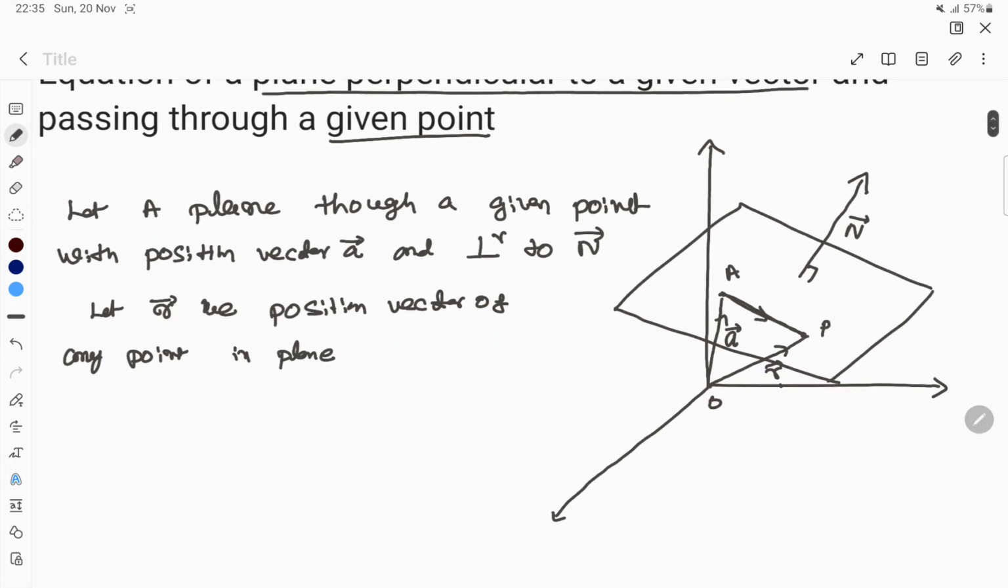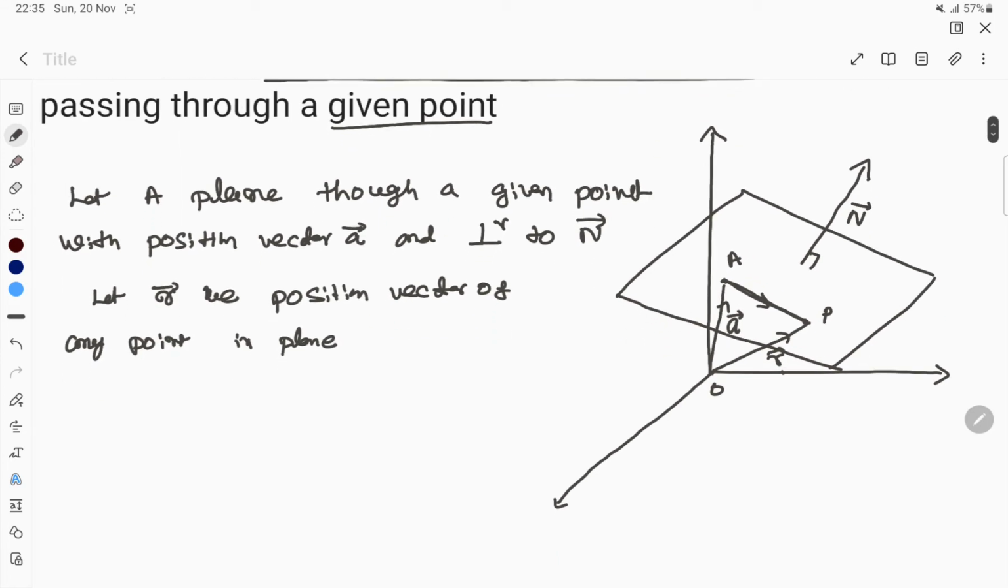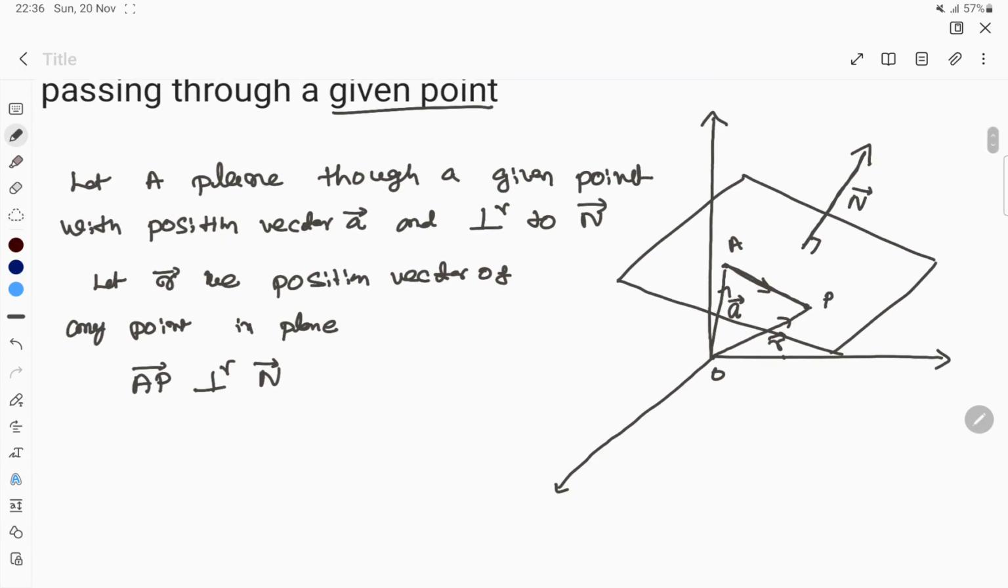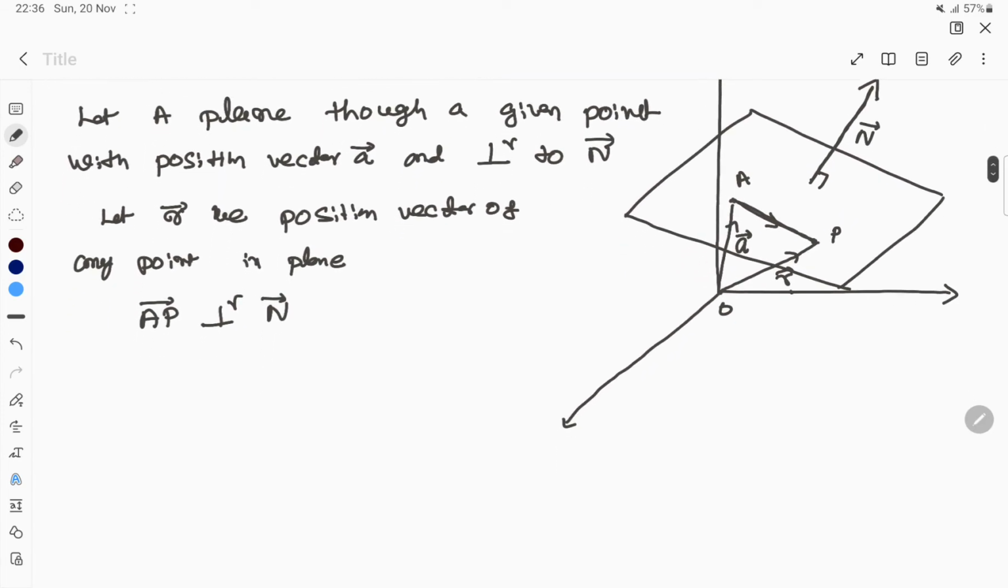Then observe here, I joined A and P. After joining A and P, we got the vector AP. This whole plane is perpendicular to this vector, which means AP is also perpendicular to the n vector. If these two are perpendicular, we already know AP vector dot n vector equals 0 by the dot product.